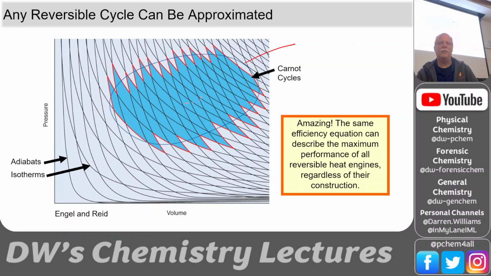Because the work that comes out of the machine is proportional to the area inside that cycle. Okay, so if you could calculate that area more accurately with these little Carnot cycles, it's kind of like what we do with the molecular wave functions and so on.